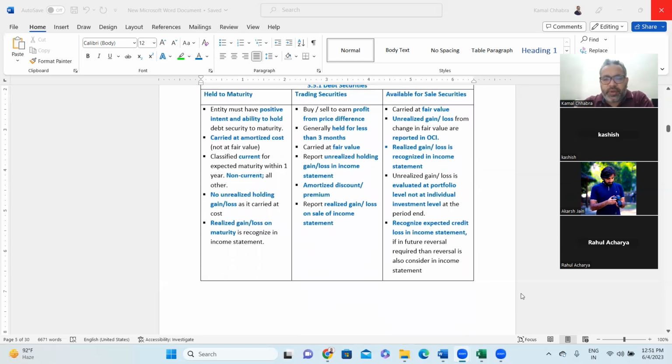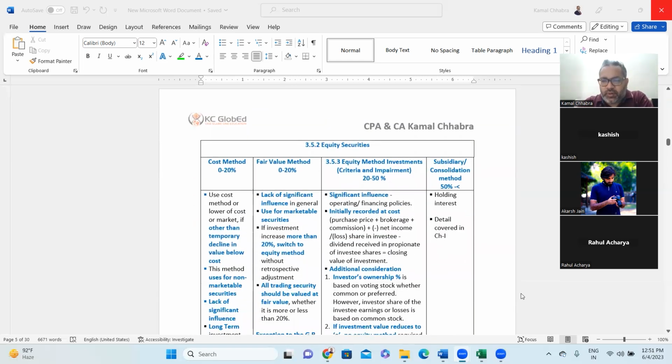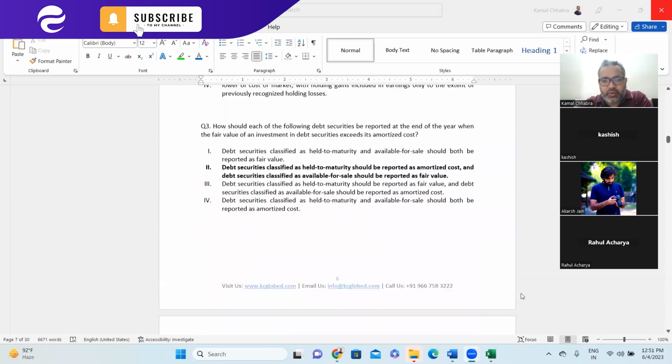That may be a cost method where you are investing 0 to 20%, or it may be fair value method, that's again 0 to 20%, or the equity method investment when you have significant influence, that is in a range of 20 to 50%, and then the consolidation or subsidiary method of investment where you are holding more than 50% of equity. So that we'll be understanding later on.